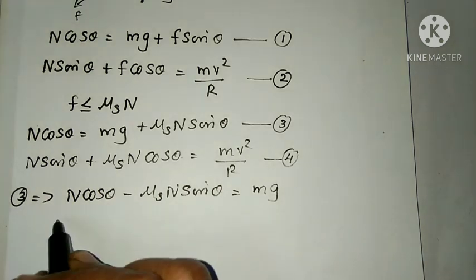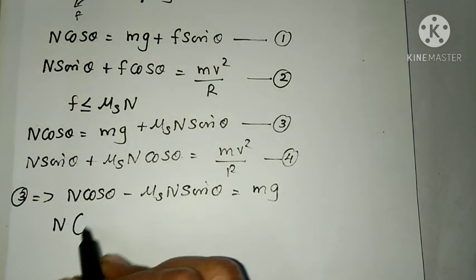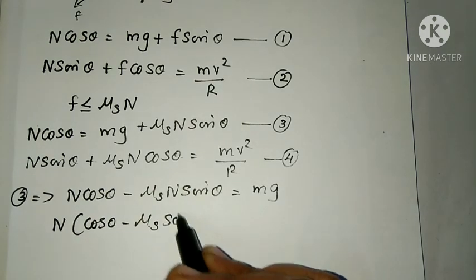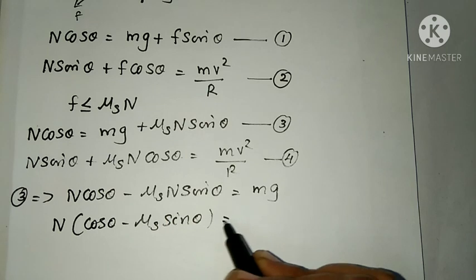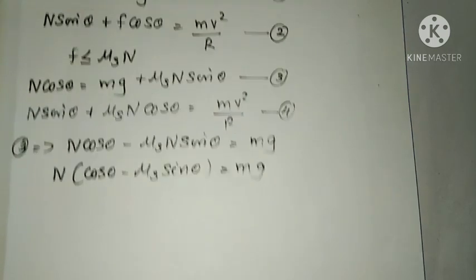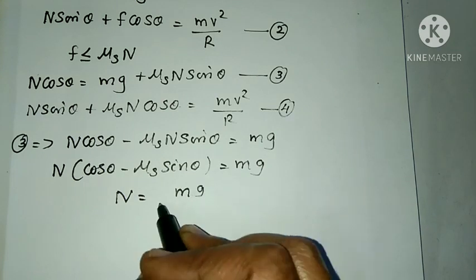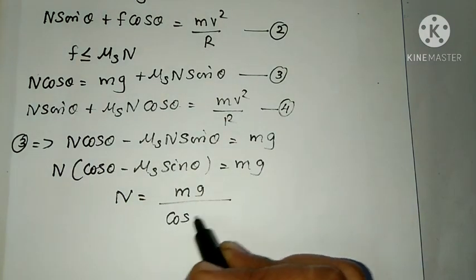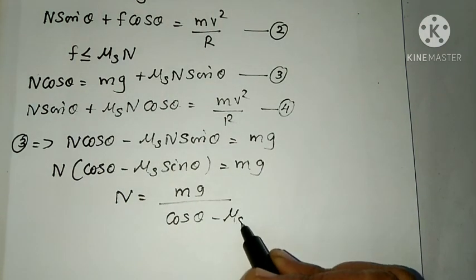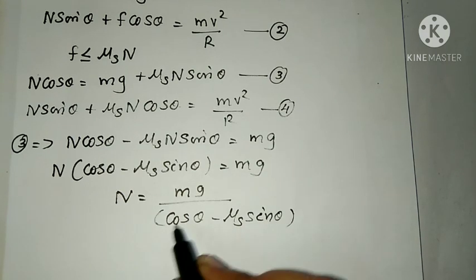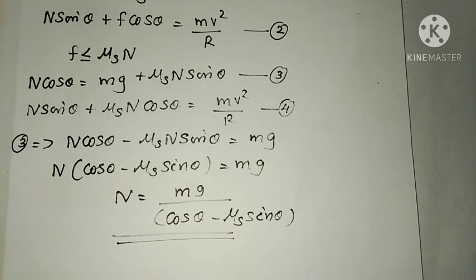Similarly, we can take the N outside: N(cos theta minus mu s sin theta) equal to mg. So we can write N equal to mg divided by (cos theta minus mu s sin theta). Understand? This is the value of N.